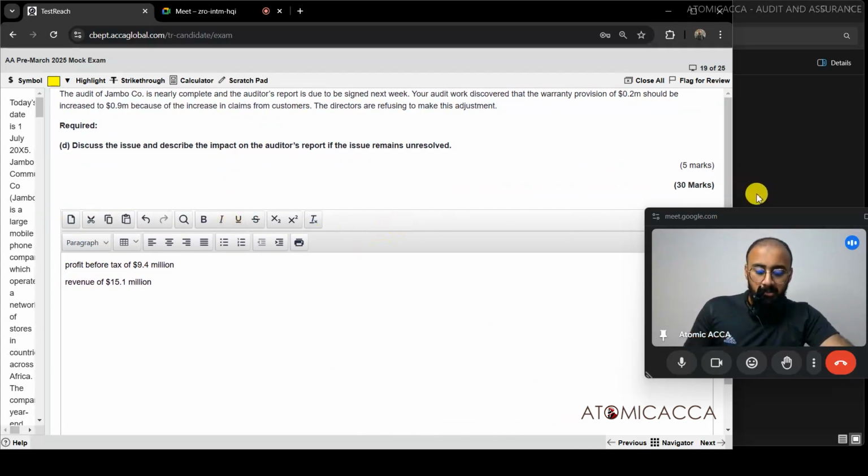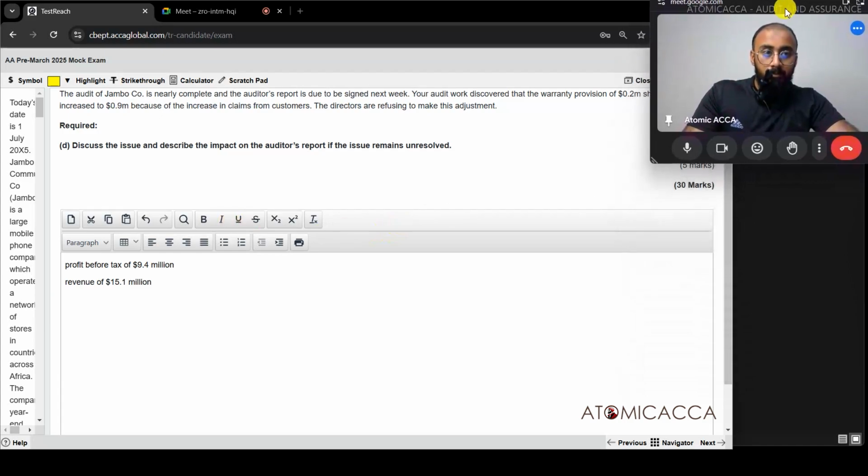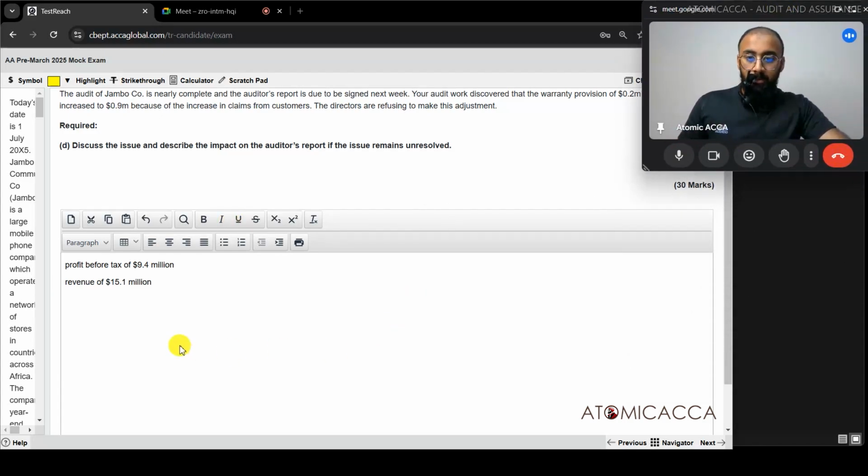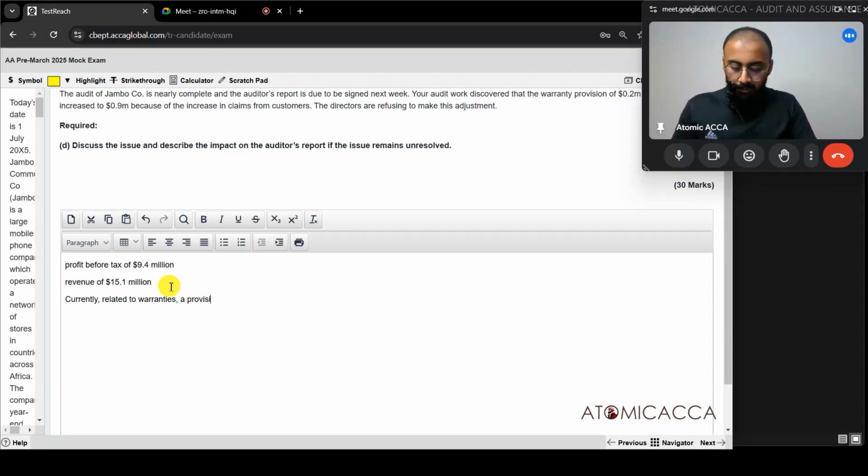Now let's start framing this thing. So first let's just briefly talk about the issue. The problem over here is currently related to warranties. A provision of $0.2 million has been created by directors.